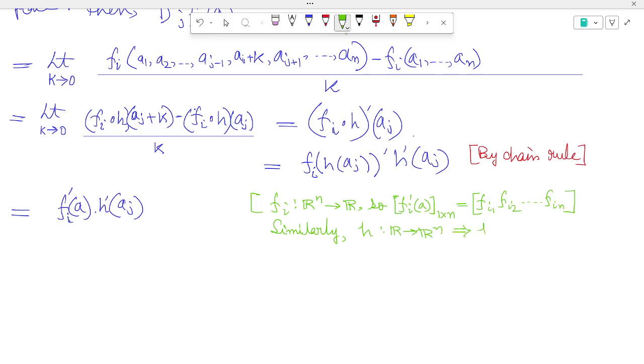That means h dash a_j is a matrix of order n cross 1. It is a column vector.